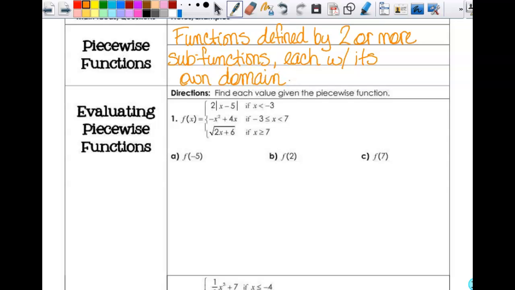Okay, so they are functions defined by two or more subfunctions, each with its own domain.